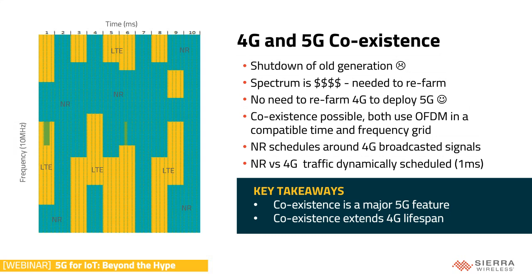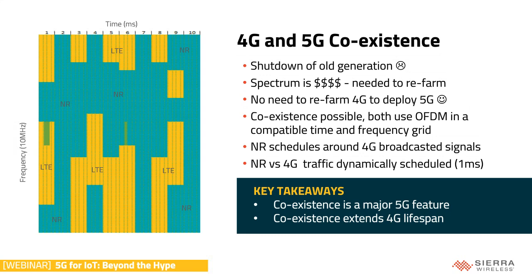The fundamental design criteria for NR was to support operating simultaneously with 4G. So this was on day one. So this means that LTE, LTM, and NB-IoT can be operated simultaneously with NR.